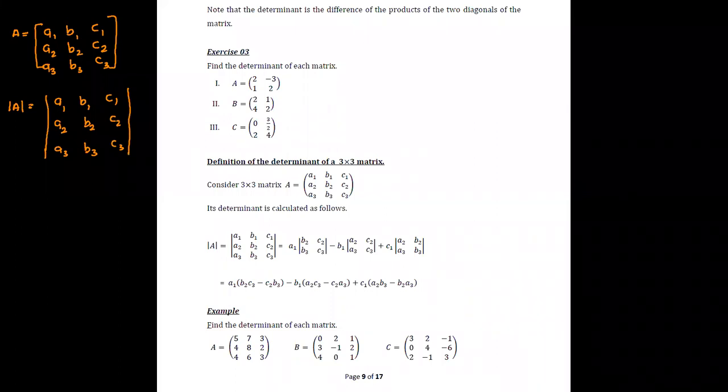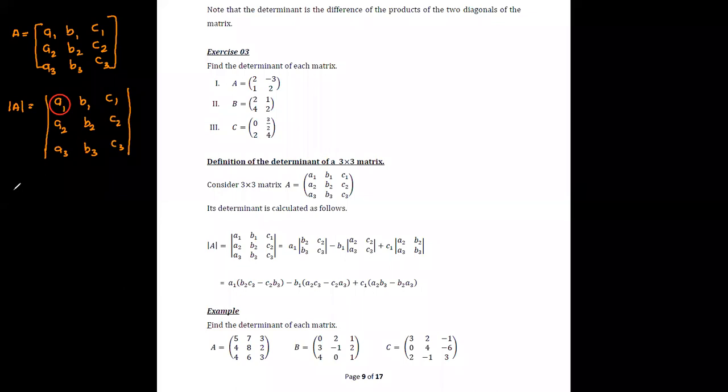To get the determinant of a matrix like this, we have to follow this procedure. First, identify the value at the first row, first column, and write it down.